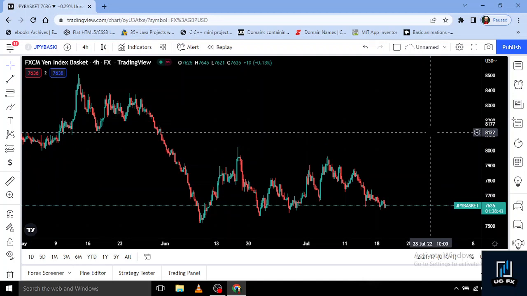It shows the strength of the JPY, that is the Japanese yen. Hence, if you are focusing on trading JPY pairs, you have to analyze this JPY instrument as well to know its strength. If the JPY is in a downtrend, pairs like GBP/JPY, EUR/JPY, NZD/JPY, etc. would be in an uptrend, and vice versa.